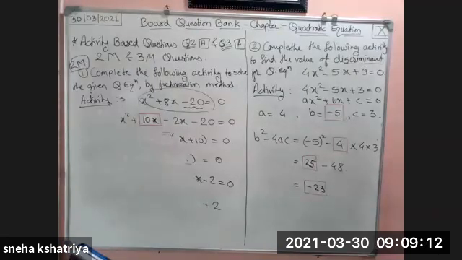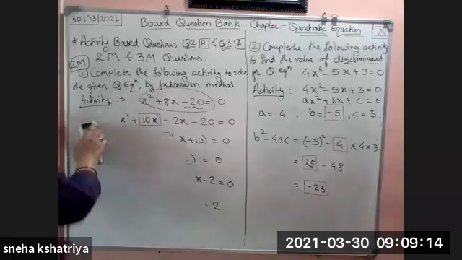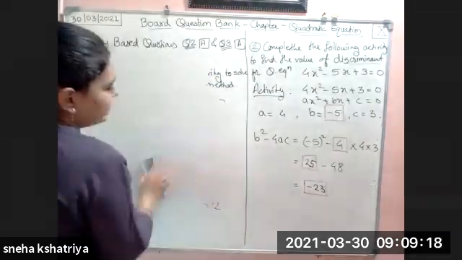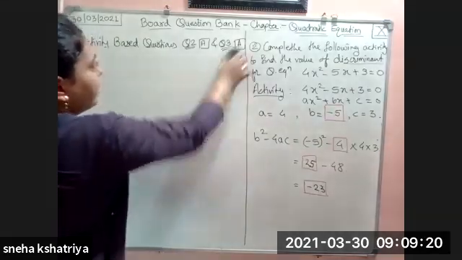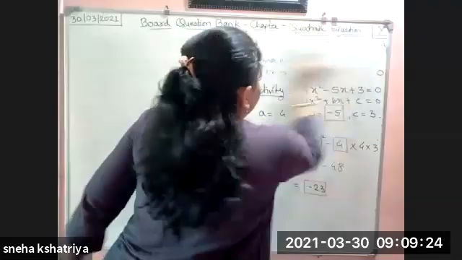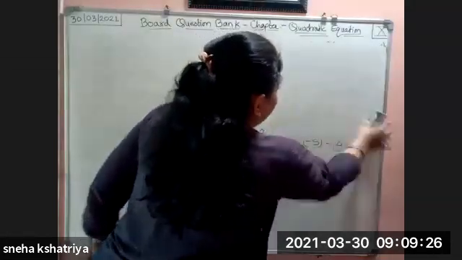Okay, we will move further to the next question. Again, it is activity based, so I'll write down the question here, and then we will see how we are going to solve this.